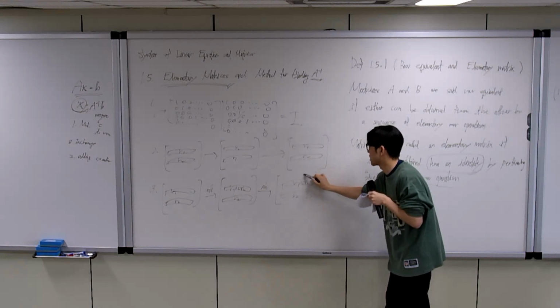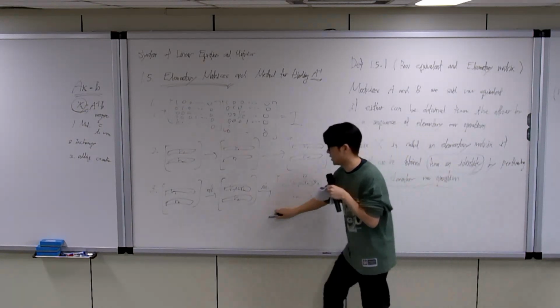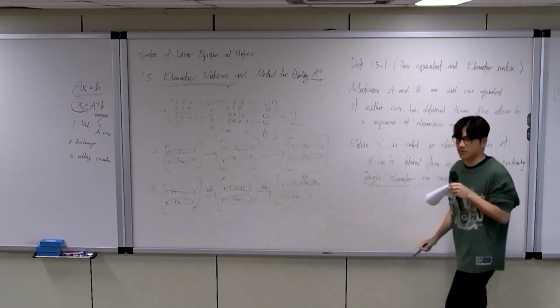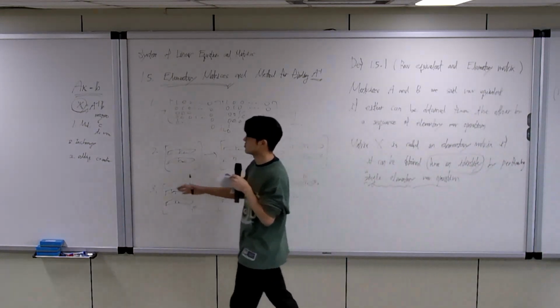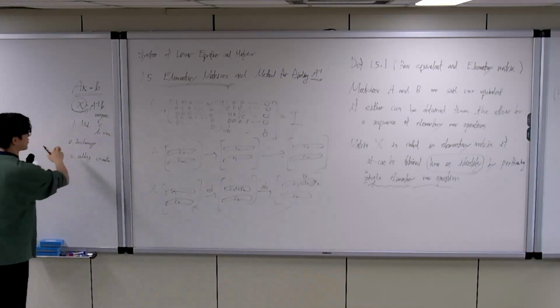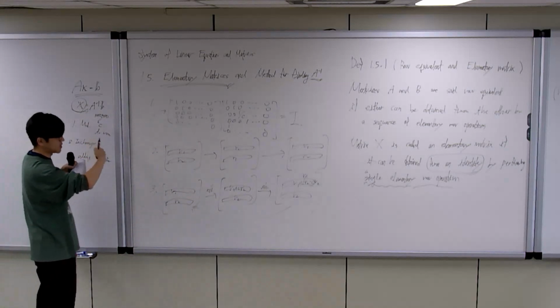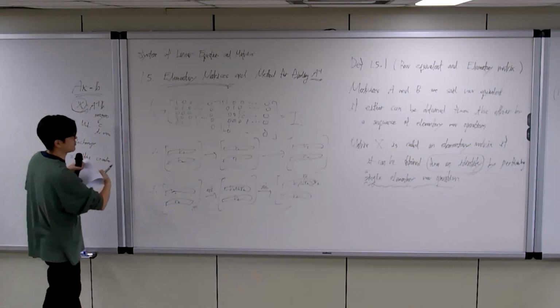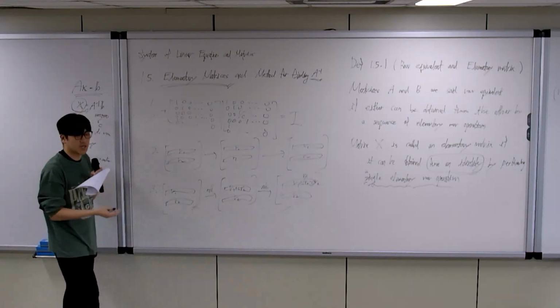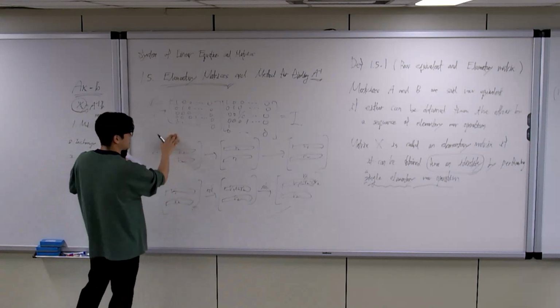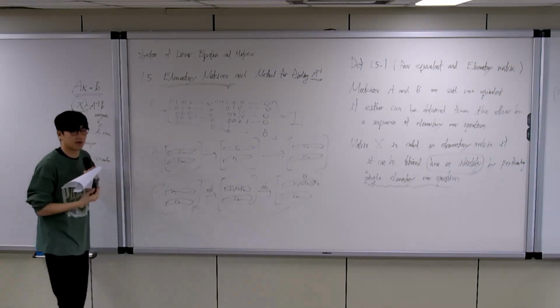It is the same as R1. So we get the original matrix. So these three elementary row operations can be written as multiplication by elementary matrices, and these elementary matrices are all invertible.